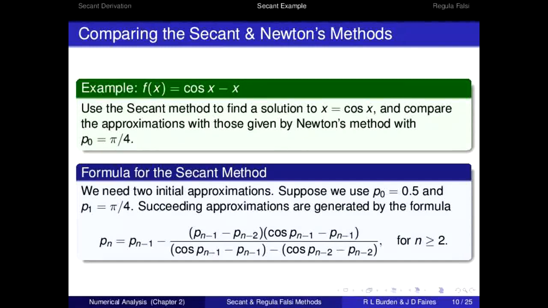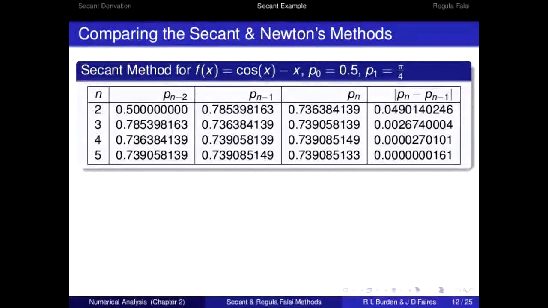For finding P2, the first point is 0.5 and the second point is pi by 4, and P2 is 0.7364.